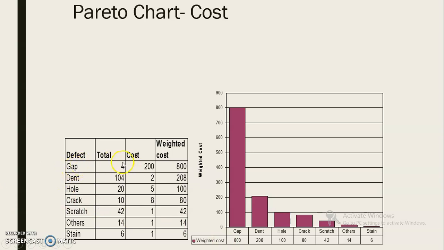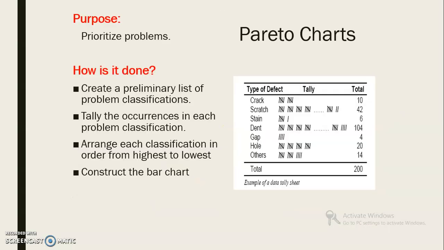Though the components are fewer in number, 4, their repair or rejection cost is very high. That's why the total cost becomes the highest, and here we can observe the peak in this bar. This is the 20%. We have to concentrate on eliminating this defect so that the other causes contribute only minorly to the overall losses from rejection of that component. So this is basically how a Pareto chart works.